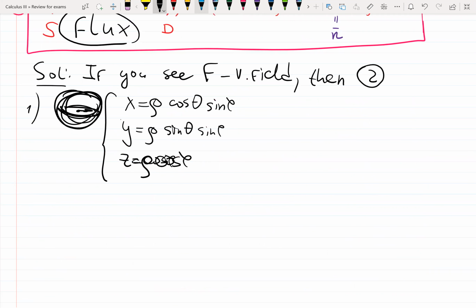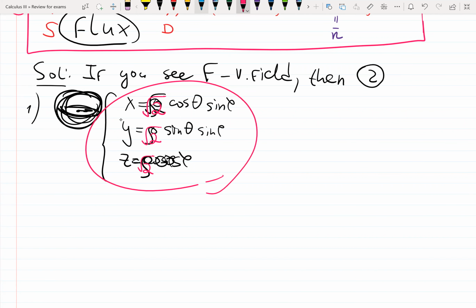So I'm not going to change anything except the radius, square root of 2, everywhere you see rho. Square root of 2, square root of 2, and square root of 2. That is my sphere, which is given here.